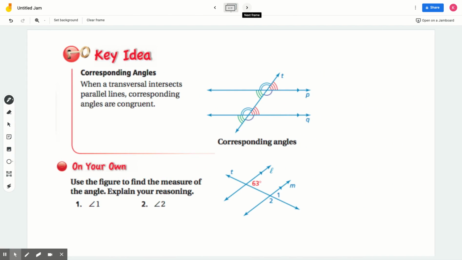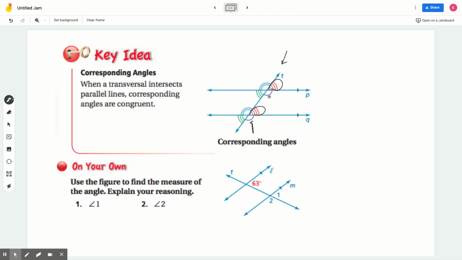The first kind of angles we're going to talk about are corresponding angles. When a transversal intersects parallel lines, corresponding angles are congruent, so they are equal to each other. You can see that line T is the transversal of line P and line Q. So the top right of both of those parallel lines are congruent.